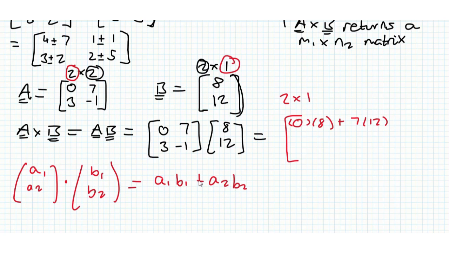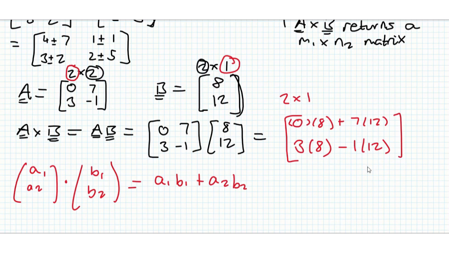Okay, so you can see that's what we've done here. Then for this one, which is the second row, still first column, we go across the second row of the first matrix and down the first column of the second matrix. So that's 3 times 8 minus 1 times 12.